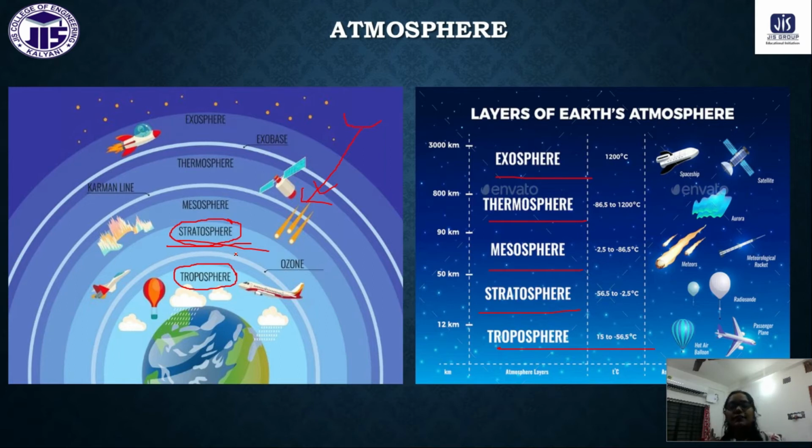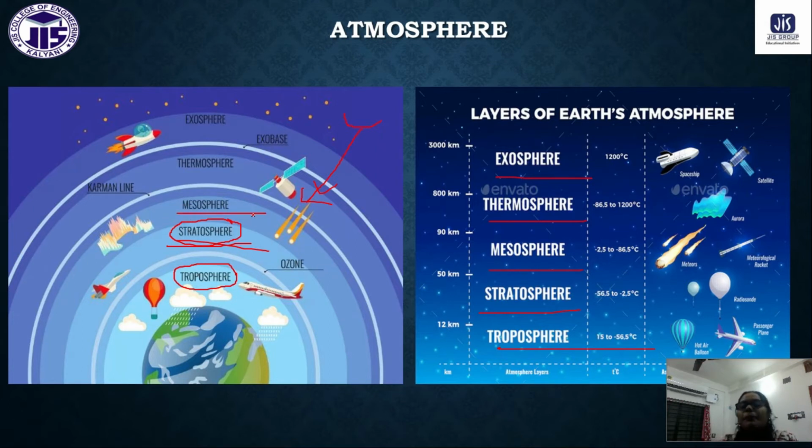So UV radiation is very harmful, and it is prevented by the stratosphere, which plays a very important role. In the stratosphere, as we go upward, the temperature will increase, just the opposite of the troposphere.